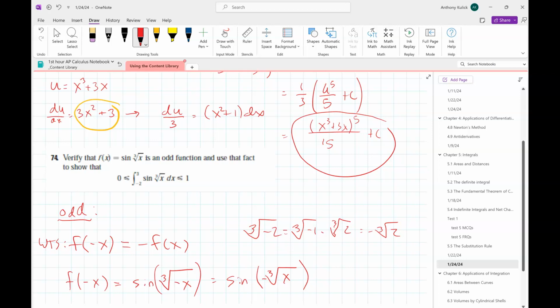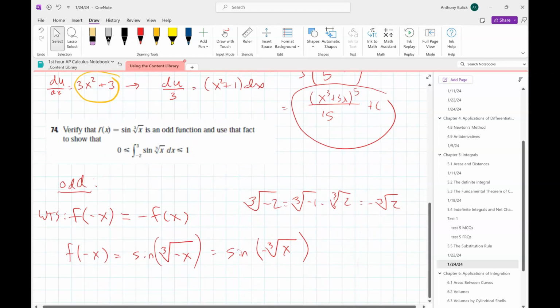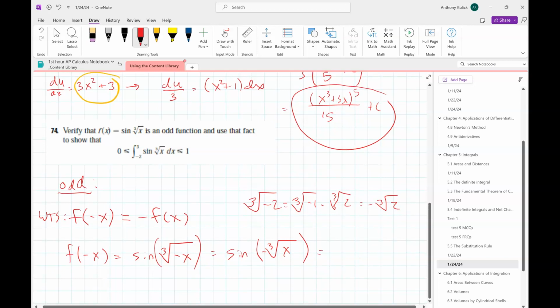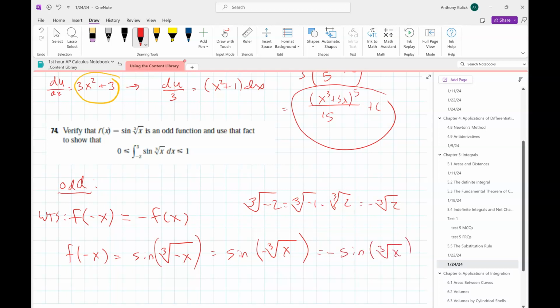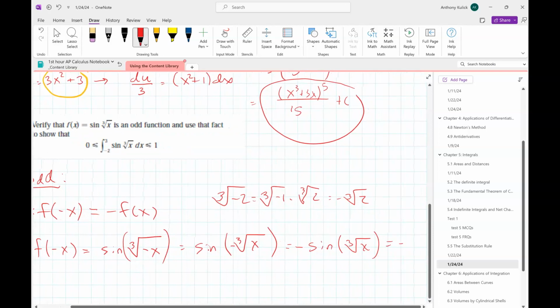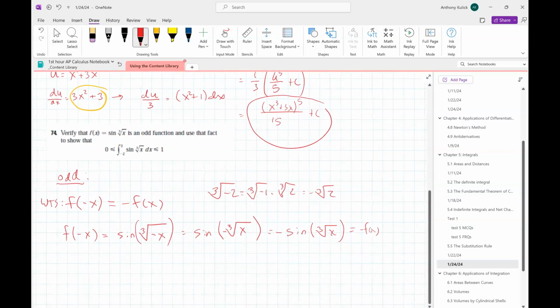Everybody feels okay with allowing that? Now, the second thing is that sine of a negative, sine I know is an odd function, right? Like sine of negative 45 is negative sine of 45. So that I can pull out, and that is my negative f of x. So there's our odd.